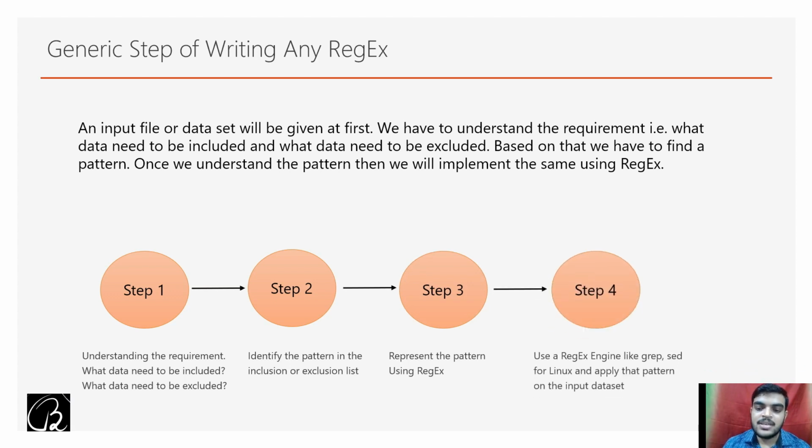At the last step, you use a regex engine, like grep or sed on Linux, and apply that same pattern on the given input dataset, and then you will get your desired output. I hope you have understood the complete steps, how to approach any regular expression pattern from an input dataset. So that's all for this video.